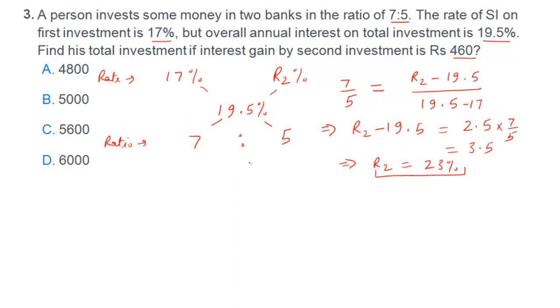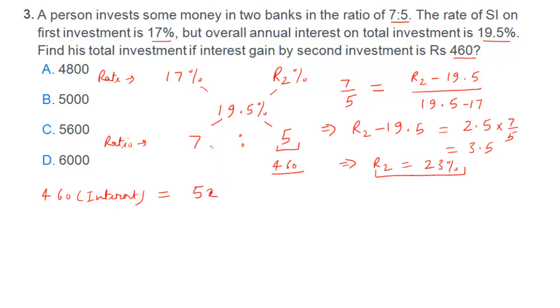Now the situation is to find his total investment if interest gained by second investment is rupees 460. So this we know, this is given in the question. So that means this 460 interest is equal to, say this second investment, say 5x total.